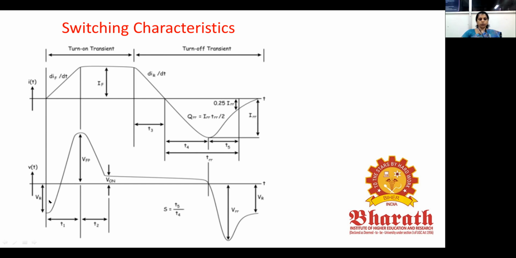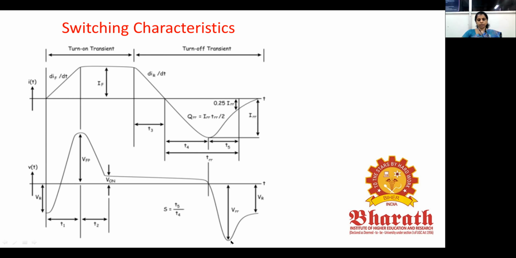And coming to the voltage curve, you can see that immediately when the switch is turned on, first there will be a reverse voltage, then it increases, then it reaches a particular leakage voltage. Then once the supply voltage is removed, the voltage reduces, and again, same as the current value, it will not reach zero instantly.